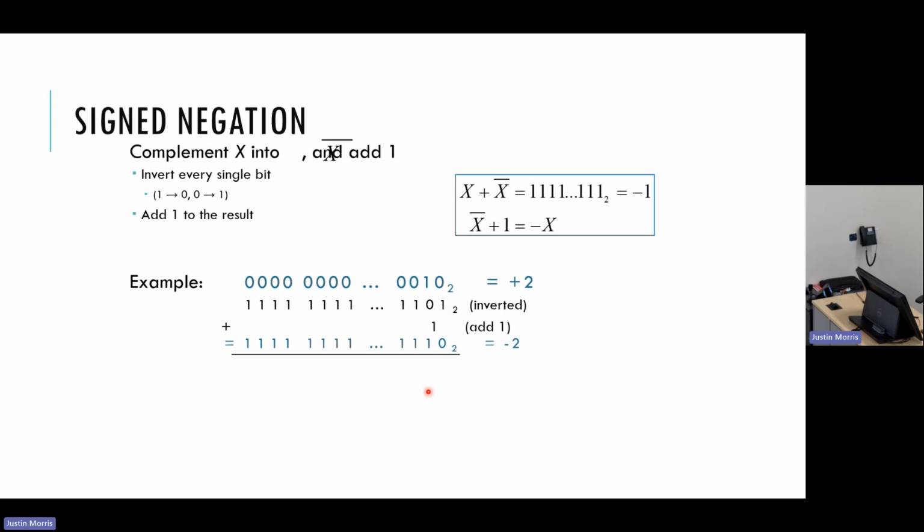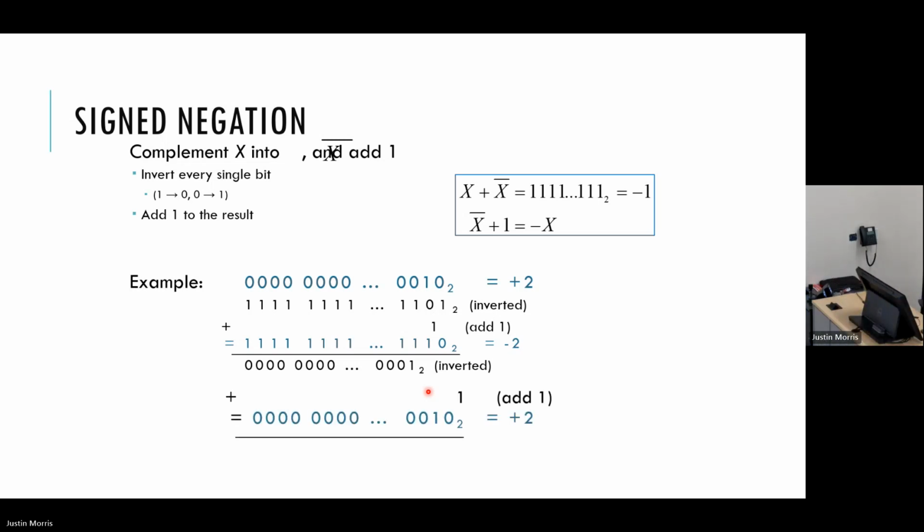Okay, so we're going to convert this back to +2. So again, in order to convert it, we flip all of the bits. So all of the 1s become 0s, and then the 0 becomes a 1. And then we add 1.